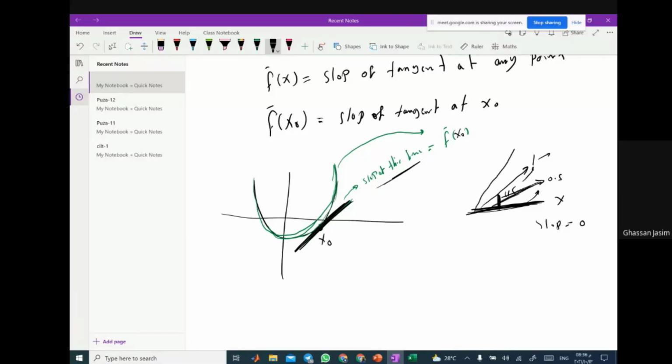If we raise it, it will be 1.2, here 1.7, for example, and here 2.